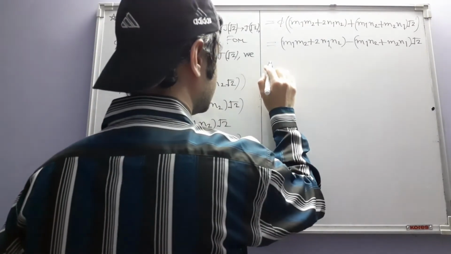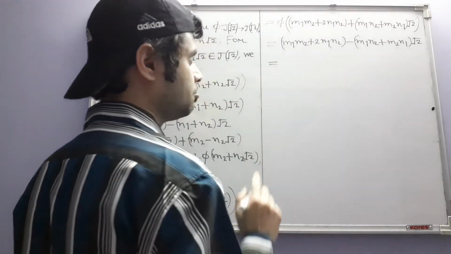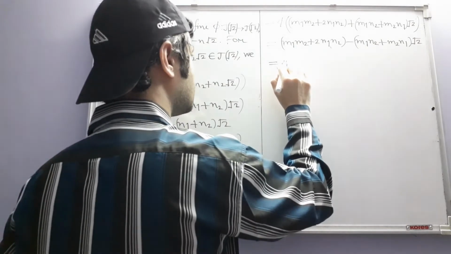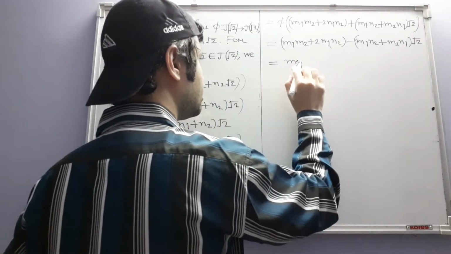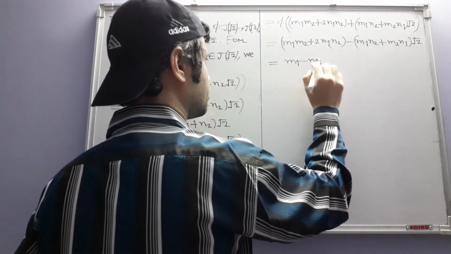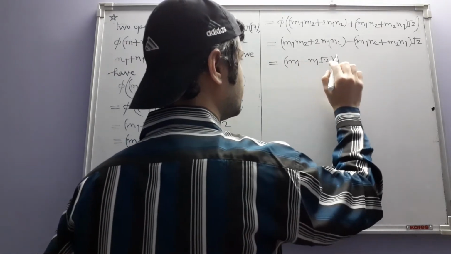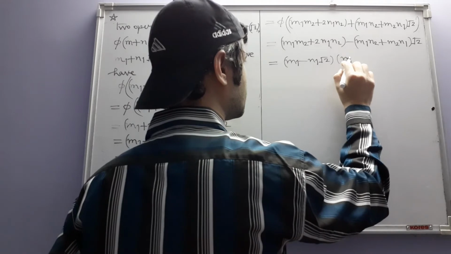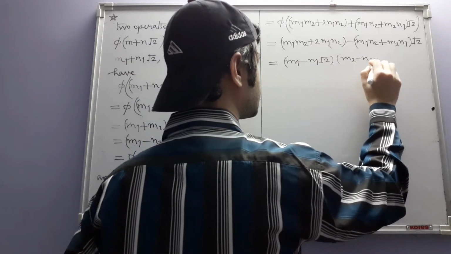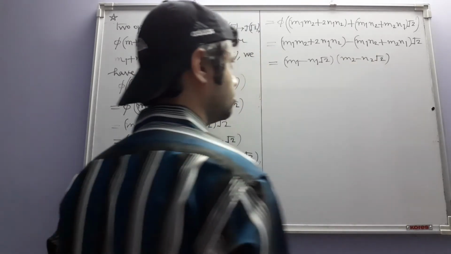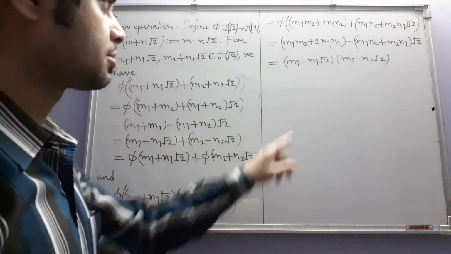Okay. Now we have to verify that this ultimately is equal to this product, (m1 minus n1 root 2) times (m2 minus n2 root 2). Let us see if that is the case.